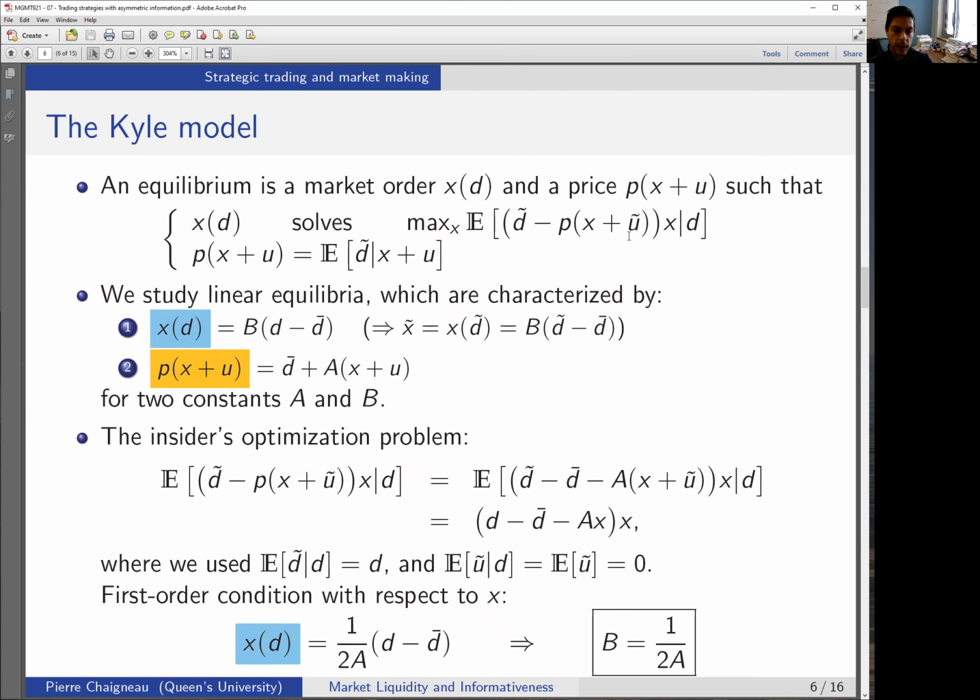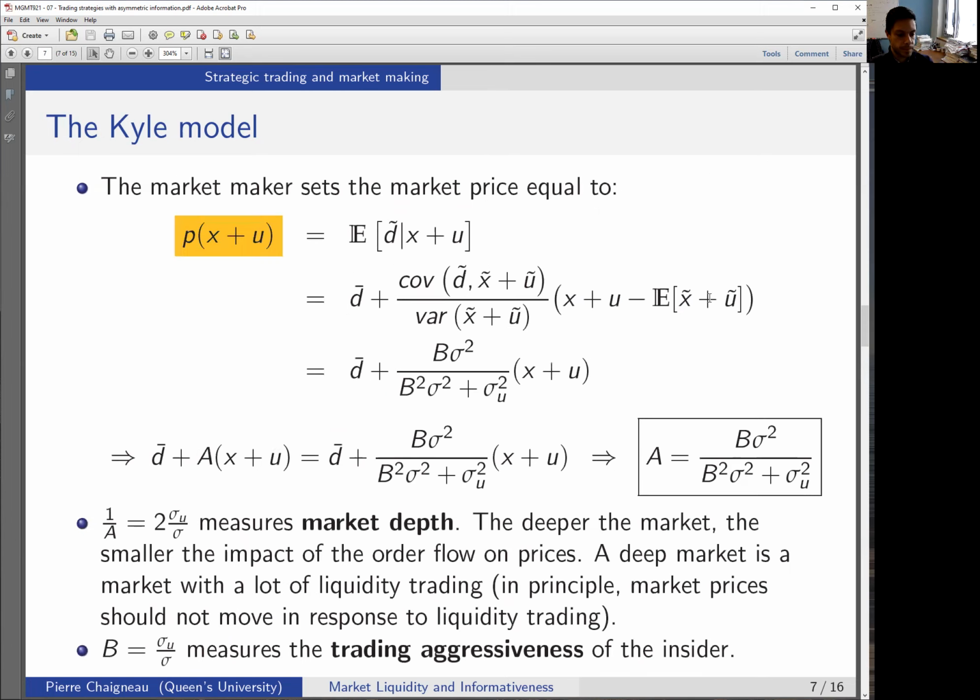And then to maximize his profits, if the asset price is not very sensitive to X, the insider will trade a large quantity X, whether X is positive or negative.